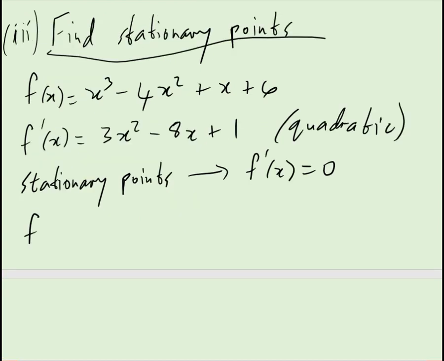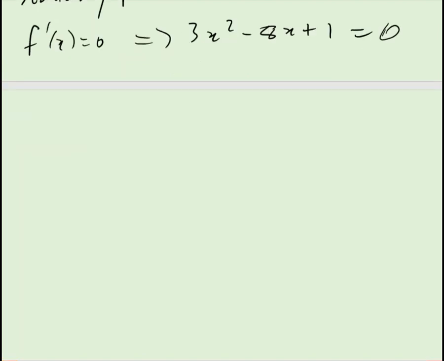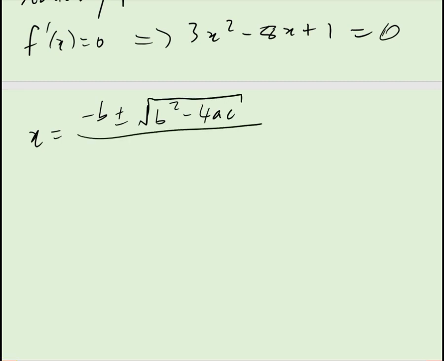So if f prime of x is equal to 0, this means 3x squared minus 8x plus 1 is 0. This cannot be factorized simply, so we're going to have to use the quadratic formula, which is x equals negative b plus or minus the square root of b squared minus 4ac, all over 2a.